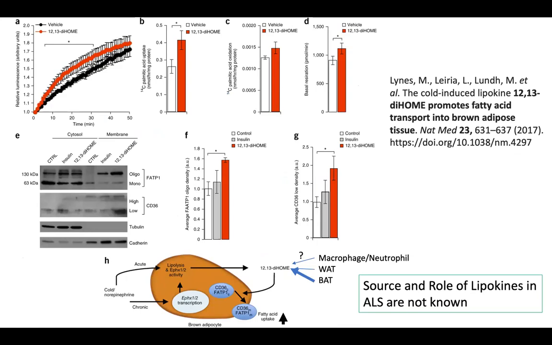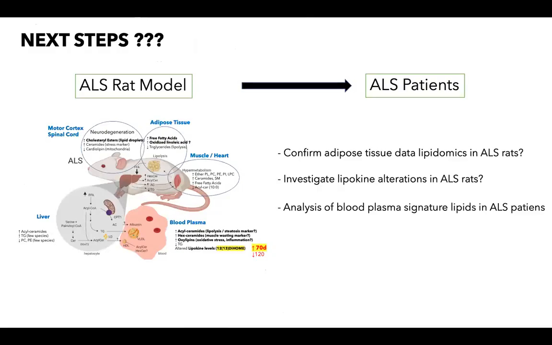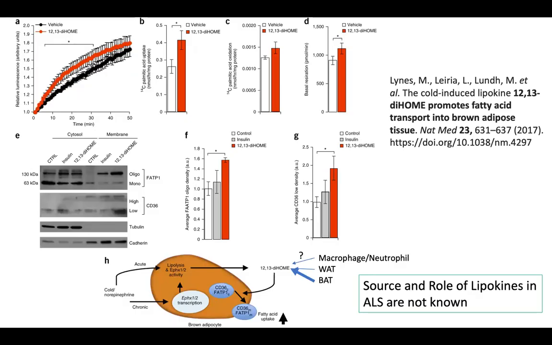That's basically the answer. And that's something you're going to try and investigate? Yes, this is something we wanted to investigate, the lipokine alterations in ALS rats and their role. I think it's something very interesting because, as Marco said, there is a recent report showing that these lipokines are released during cold.